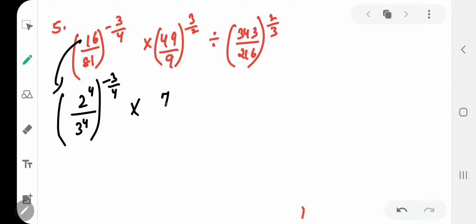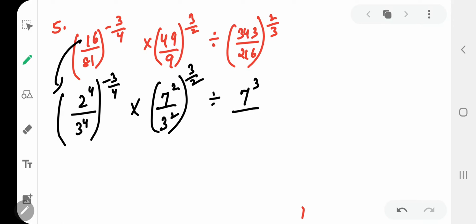49 if I open, I'll get 7 squared, and 9 if I open, I'll get 3 squared, so it is 3 upon 2. Divide by 343, we can take it 7 cubed, and 216 we can take it 6 cubed, and exponent 2 by 3. Dear kids, now many kids keep on asking why you took 343 as 7 cubed, why you did not find it by multiplying 2 or 3, 5 times.